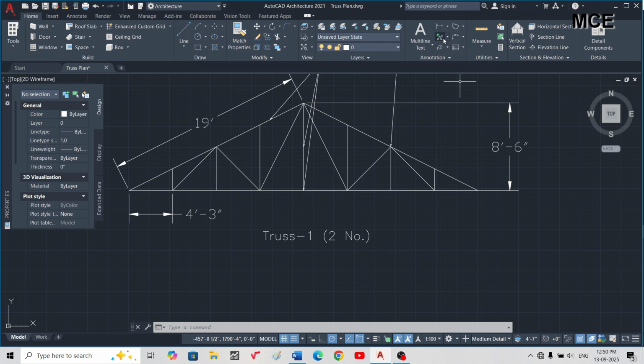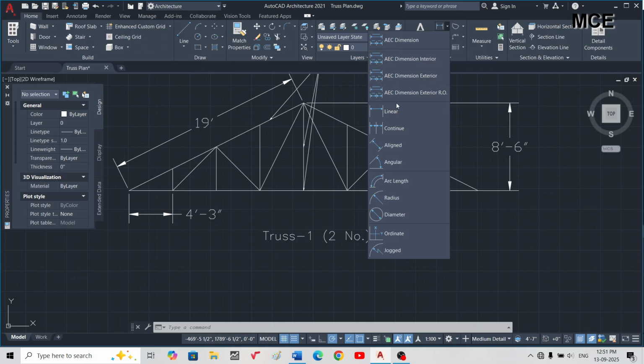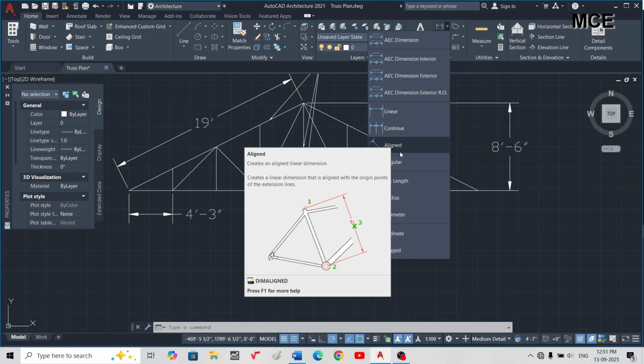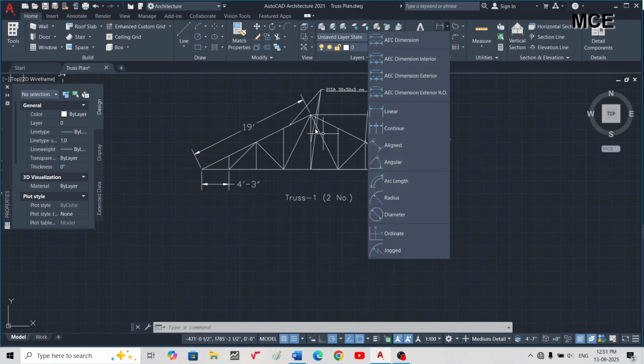And for the vertical and the inclined members, I will take the section as ISA 45 into 45 into 5 mm. This is because more loading is on the rafters, king post and the bottom chords, so you can take a less width section for the vertical and the inclined.